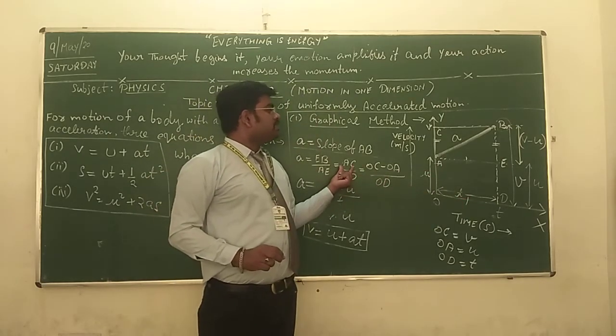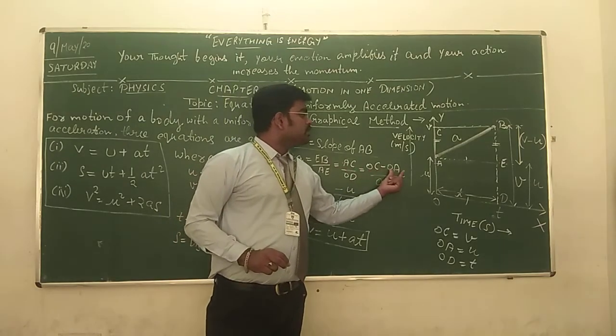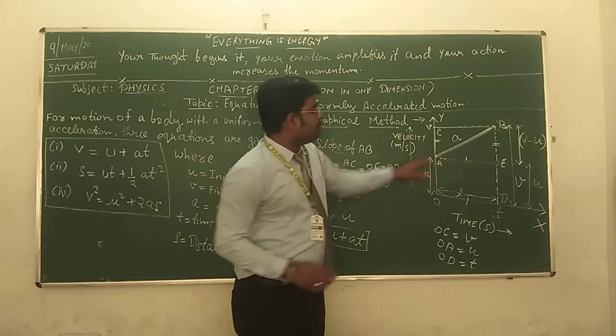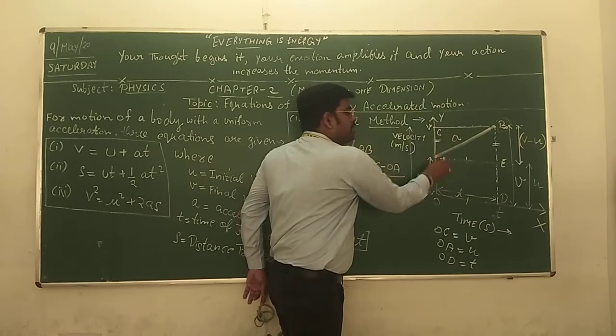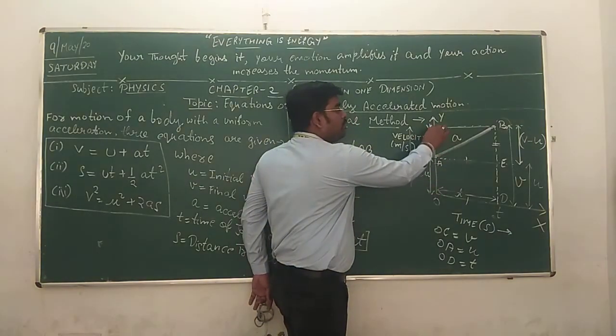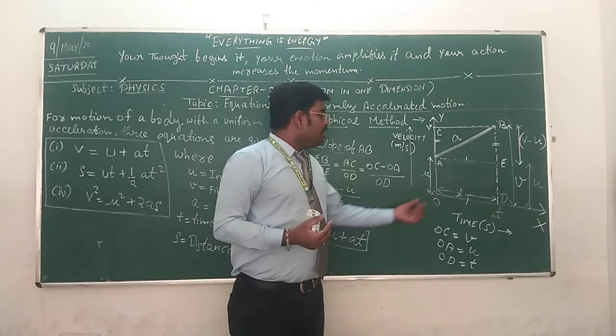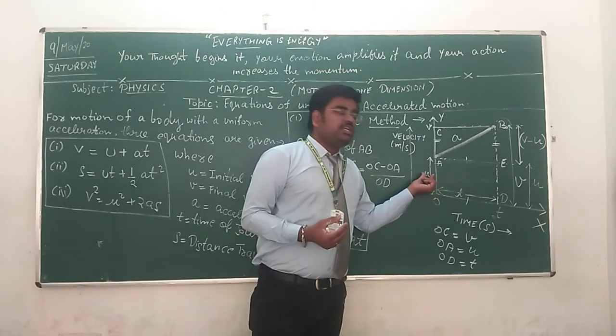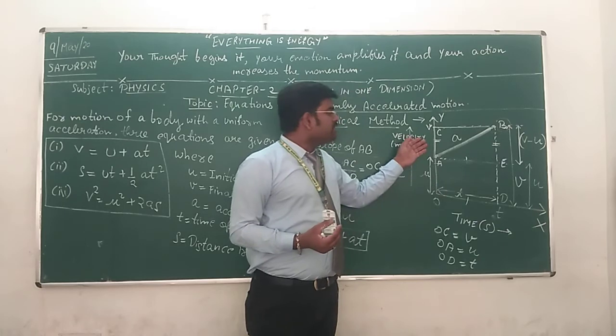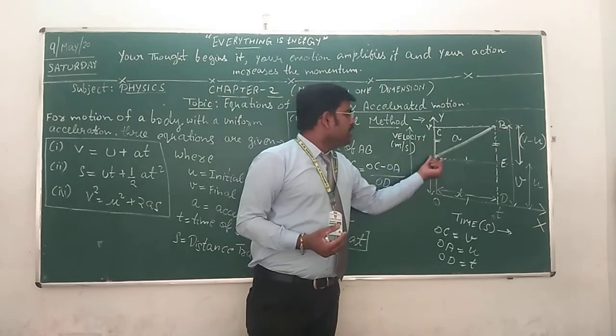So in place of AC, we will write OC minus OA. But why have we written OC minus OA in place of AC? Because OC is the whole velocity which is covered, that is the final velocity, and OA is the initial velocity U. If we subtract final minus initial, we get AC.